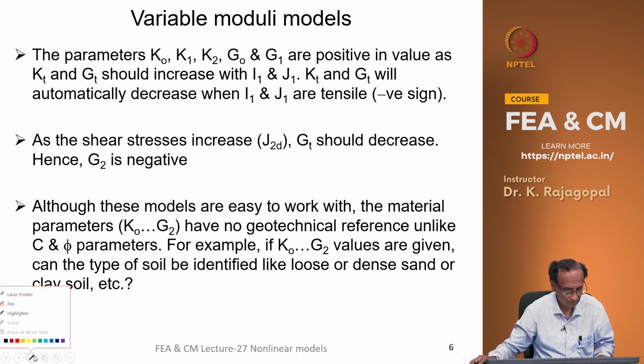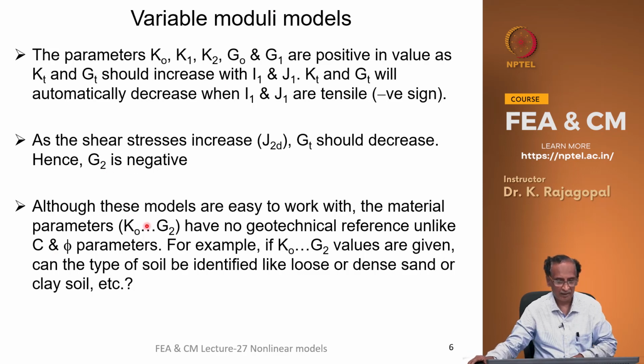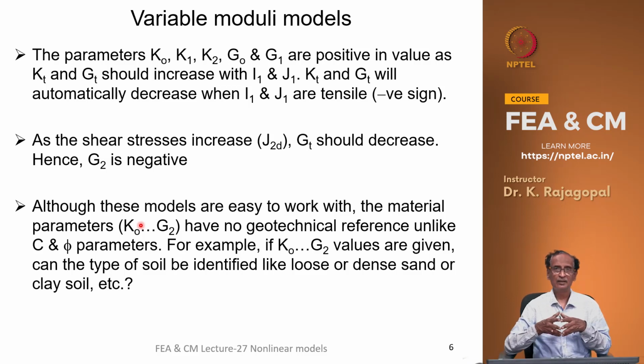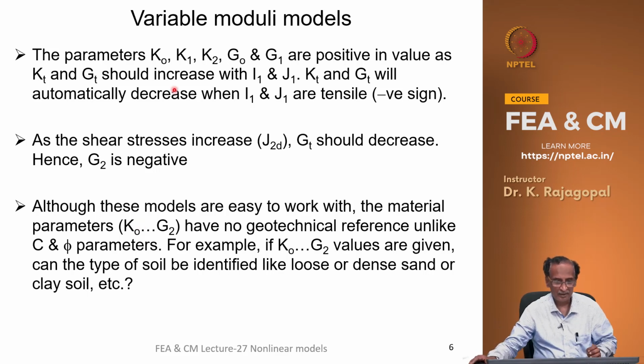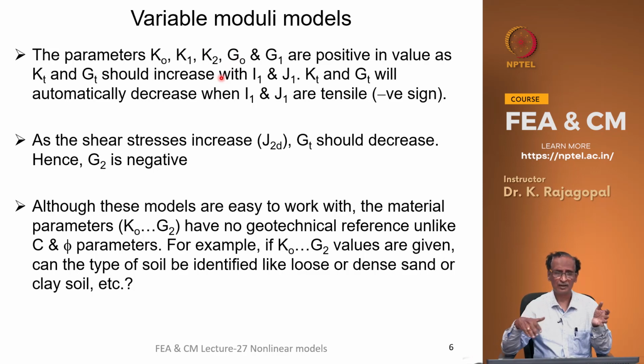Let me just turn on the laser pointer. Okay. So, these are our material parameters, and one reason why these models have not become very popular compared to other models that we will see later is that k naught, k1, k2 and all these parameters have no geotechnical context.